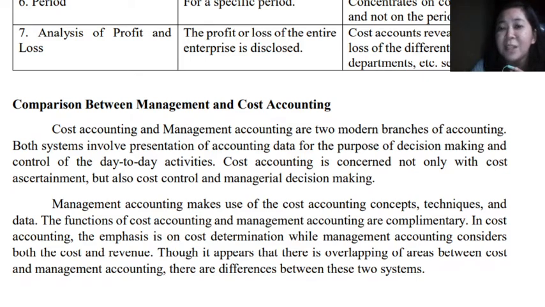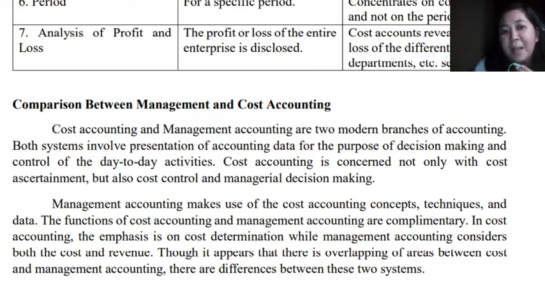Management accounting focuses on internal reporting for the needs of our management. Cost accounting is concerned not only with cost ascertainment as mentioned earlier, but also relates to cost control and managerial decision making.